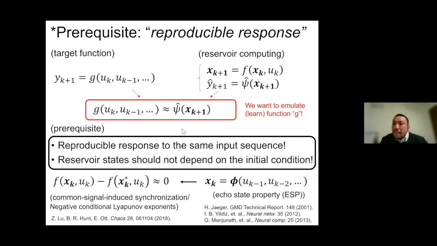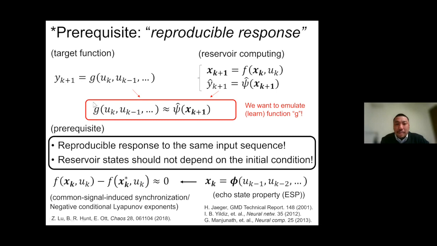So let's summarize what is going on in reservoir computing. At first we have the target function, because in general, we are targeting a function that requires memory. So basically, the target function can be expressed like this. This function takes previous input streams as input and generates some output.